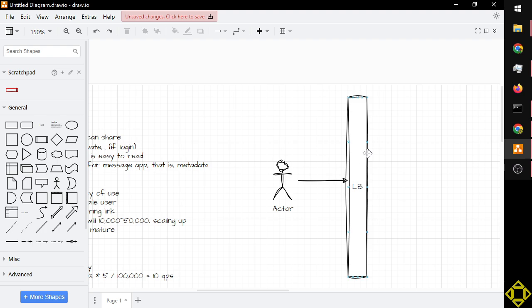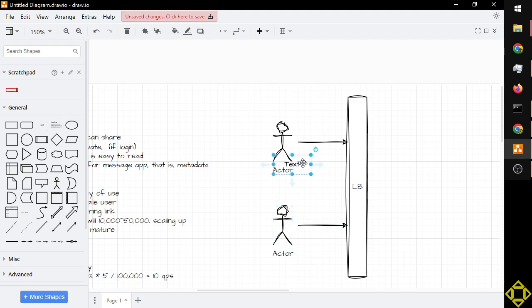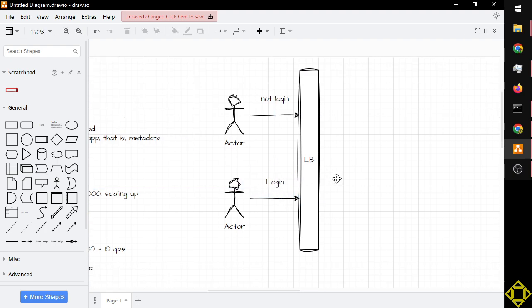And if logged in or not logged in, they can do logging in or not logging in.